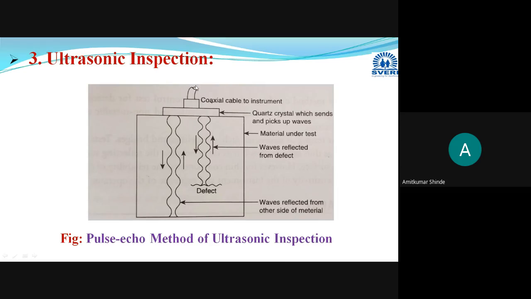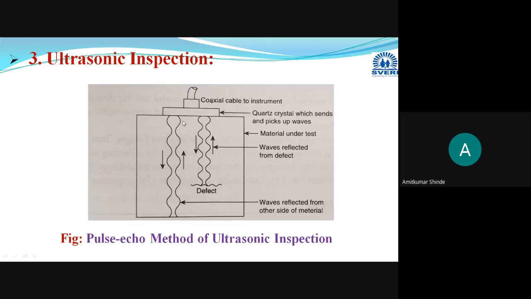Pulses, or ultrasonic waves, are created by the pulse generator, and these ultrasonic waves are passed through this quartz, and then pass through the material under test. These ultrasonic waves pass from one end of the specimen to the other end.